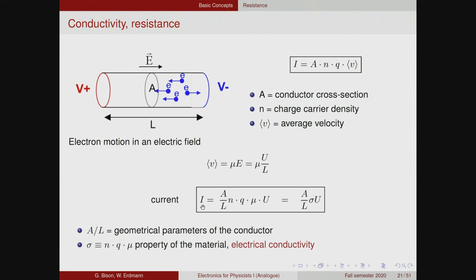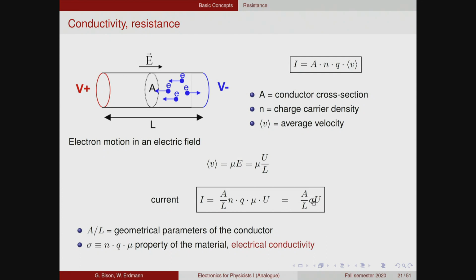So if we put this in, we see that the current is proportional to the cross-section divided by the length, and then times some constants that depend on the material, and then times the voltage.